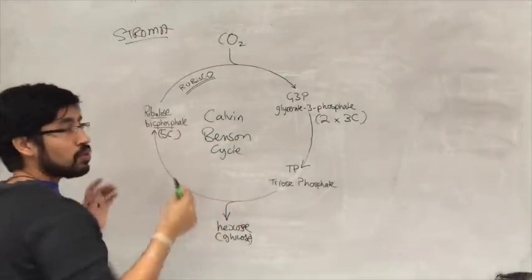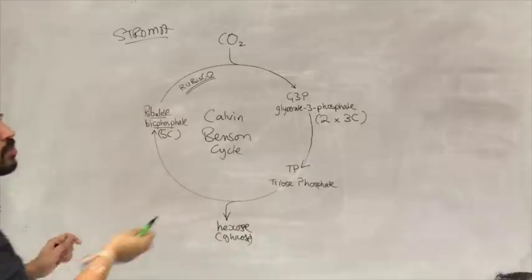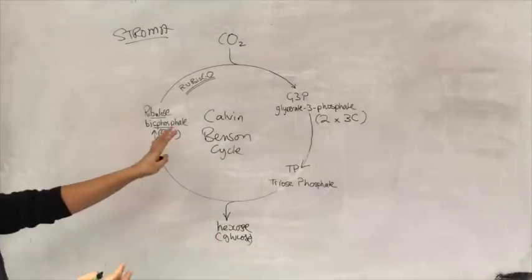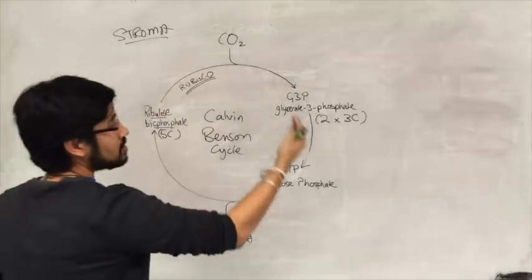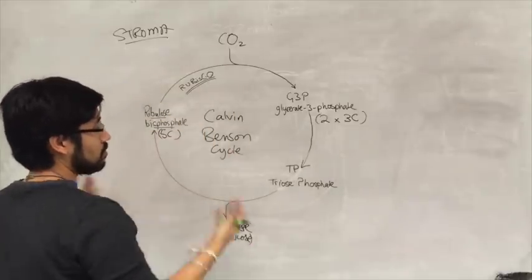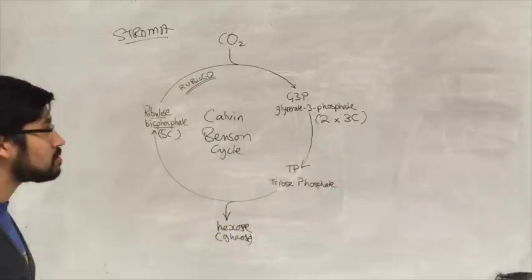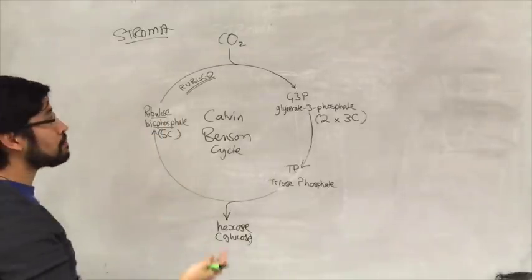You don't need to know the structures of those molecules. You just got to be able to appreciate the relationship between this and the previous stage, and secondly, to be able to account for the production of glucose at the end and the maintenance of the cycle.